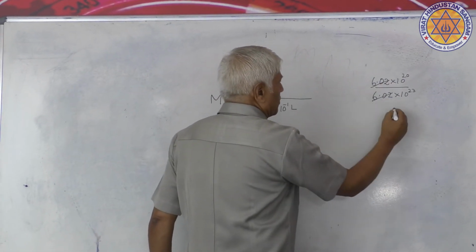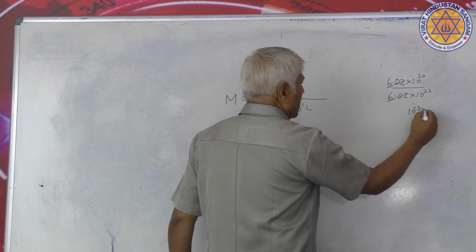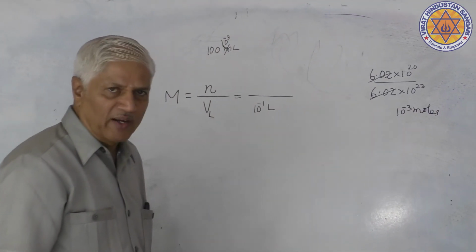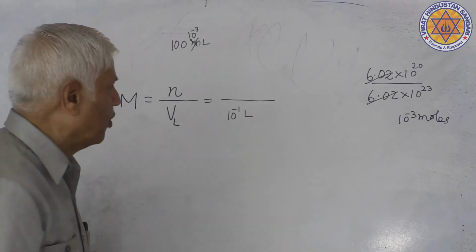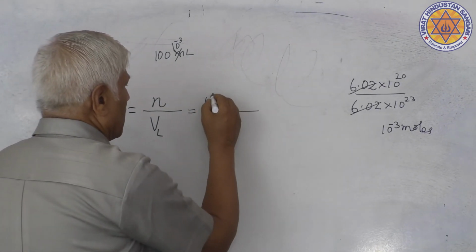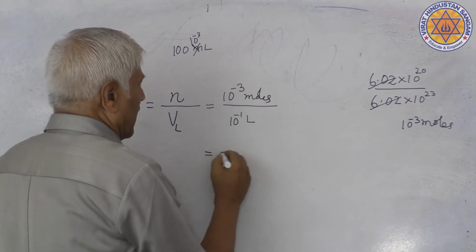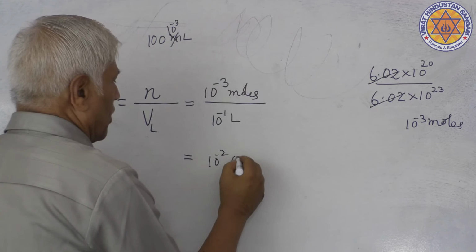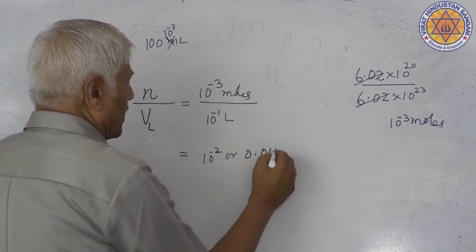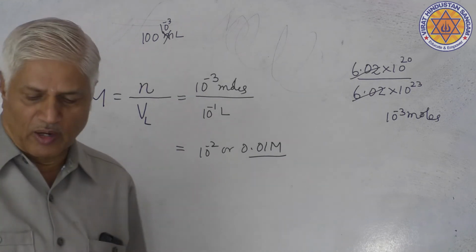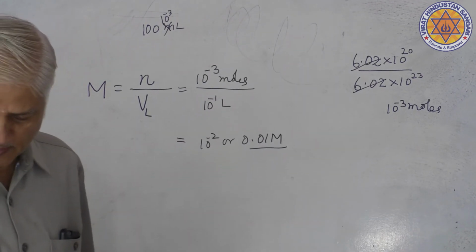So this comes to 10 to the power of minus 3 moles. When molecules are given, divide by Avogadro number to make it moles. So it is 10 to the power of minus 3 moles. Yes, simplify, it will be 10 to the power of minus 2 or 0.01 molar. So the answer is B, Bombay, B. Okay?